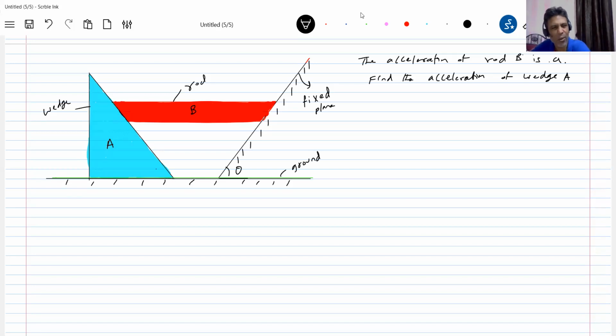How is the acceleration of the rod directed? Sir, he has given the acceleration of the rod as A, but he didn't say anything about the direction.